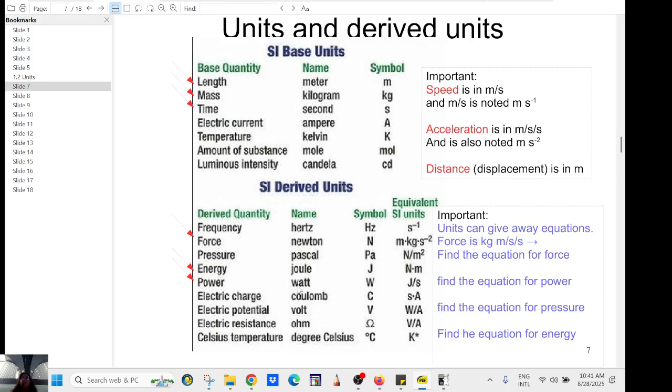And then what else do we have? Watt. Okay? And watt means joules per second. And joule is the unit for energy. And second is the unit for time.